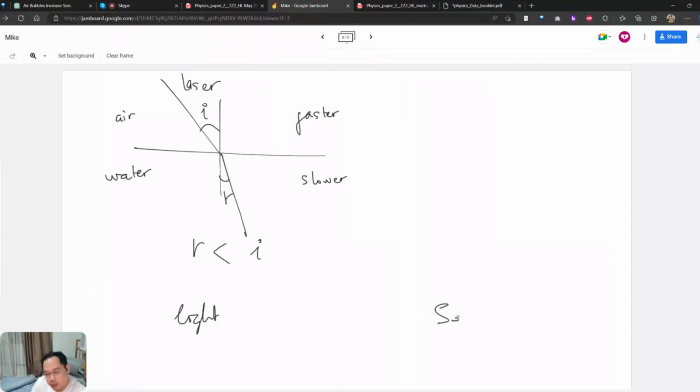But for the sound, it is the opposite, because from the metal going to Q, the sound travels faster in the metal, similar to the air in the light case. It travels faster and then refracts out to the air.